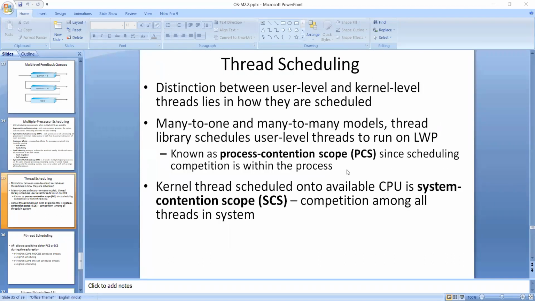Next concept is thread scheduling. The distinction between user level and kernel level threads lies in how they are scheduled.